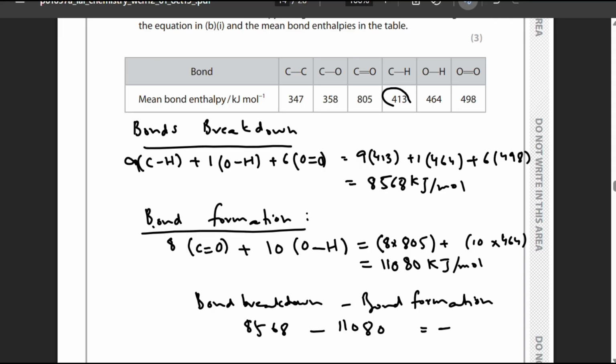So the answer is negative 2512 kilojoules per mole. So this is the calculation of enthalpy change. Okay, and the negative sign shows that energy is produced. Okay, now move on to the next part.